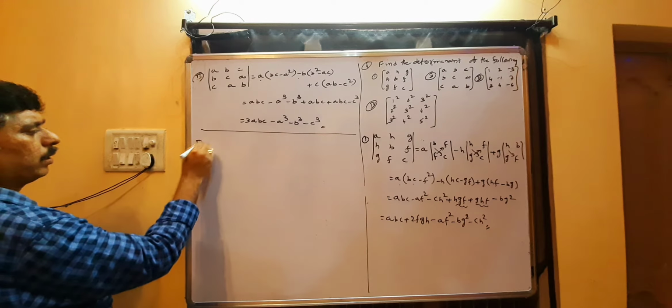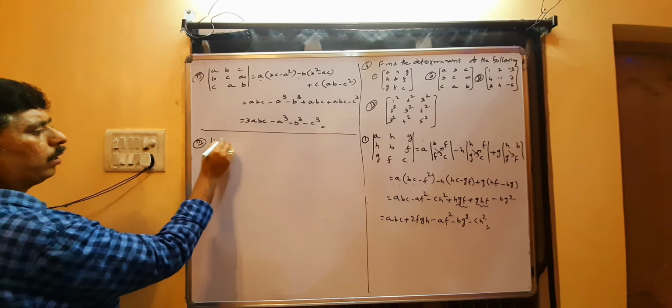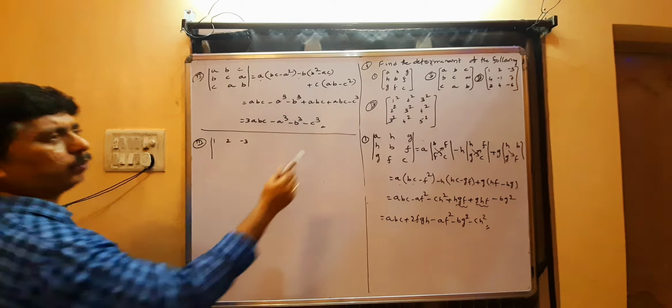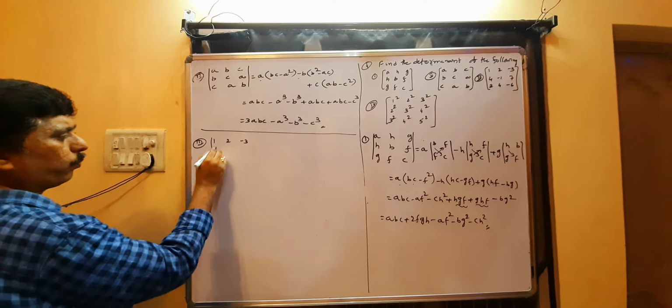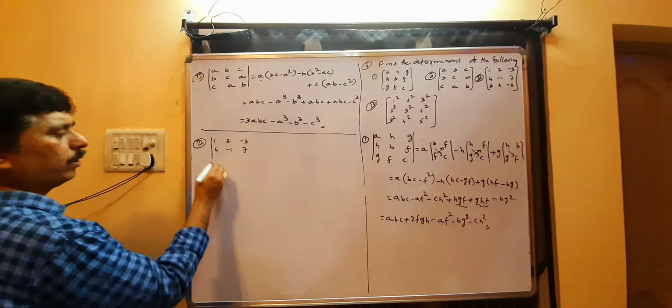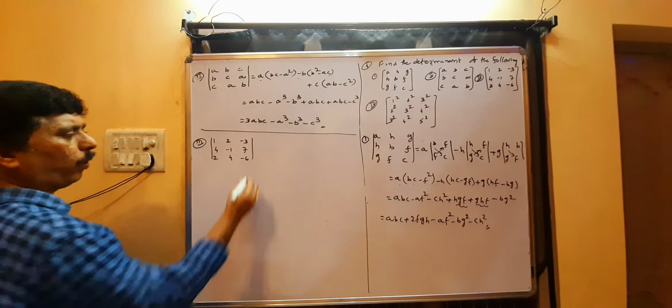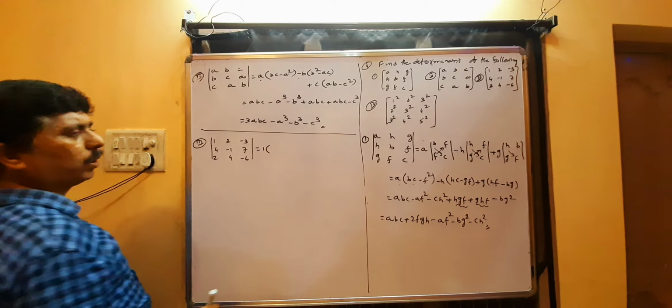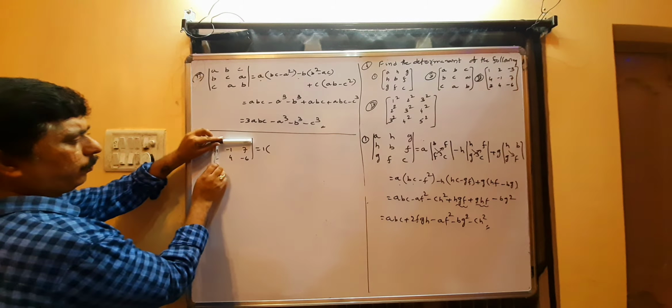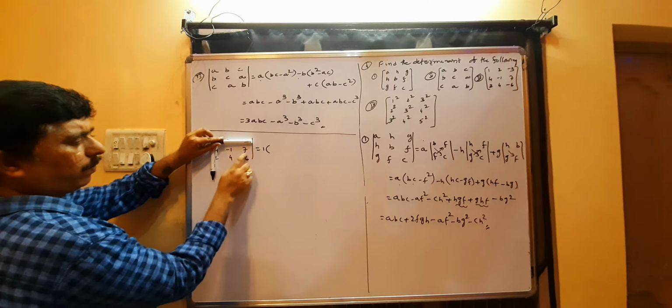Third bit: the first row is 1, 2, minus 3; the second row 4, minus 1, 7; and the third row 2, 4, minus 6. You have to find the determinant. 1 into the determinant after closing the row and column. What remains? Minus 1, 7, 4, minus 6.